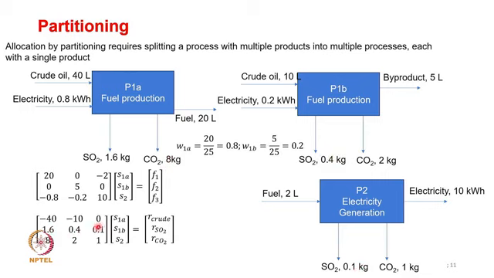So you can see this over here, and you can have 8, 2 and 1, 8, 2 and 1, and this is the scaling factor corresponding to process 1A, process 1B, and of course the process 2, which is now the output would be given in terms of the resources of crude, SO2 and CO2. So now this is fairly easy to handle.